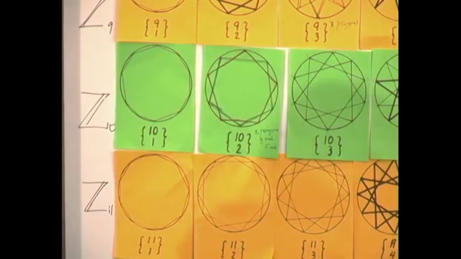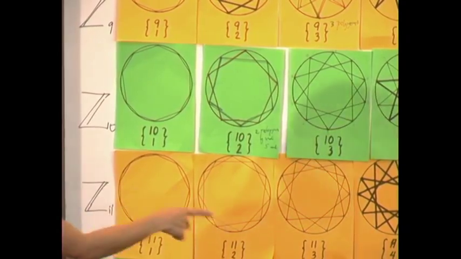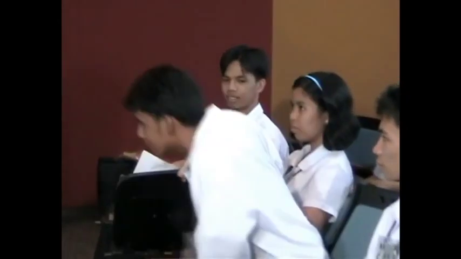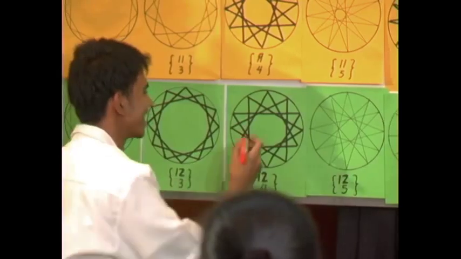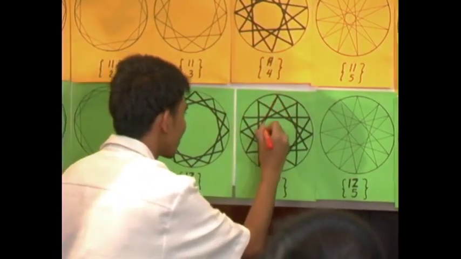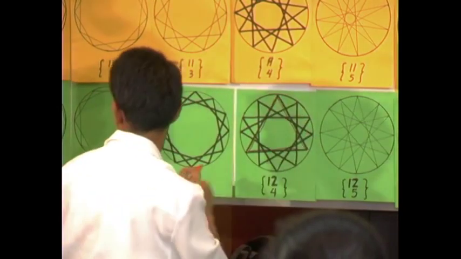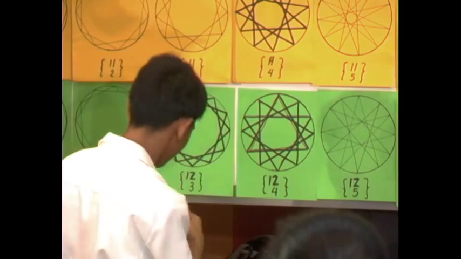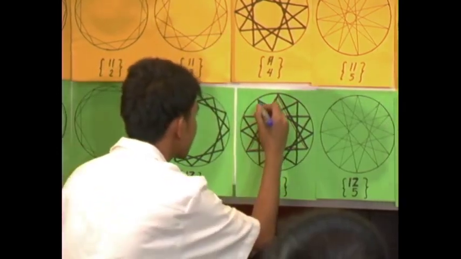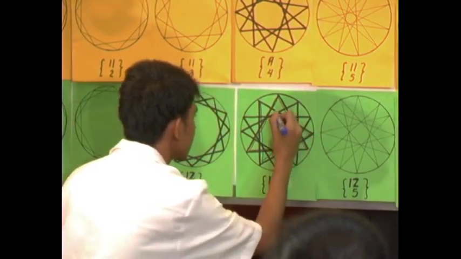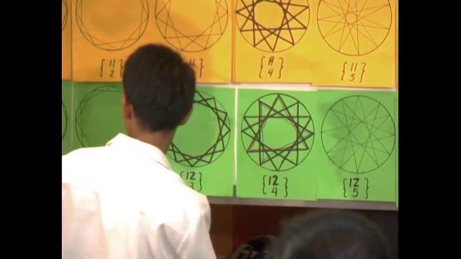How about here in 12-4? Okay, you were saying 4. May I ask Migs to highlight the 4 polygons that can be formed? Okay, that's 1. That's 2.